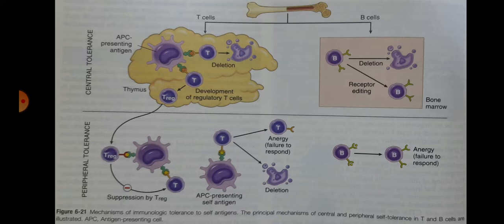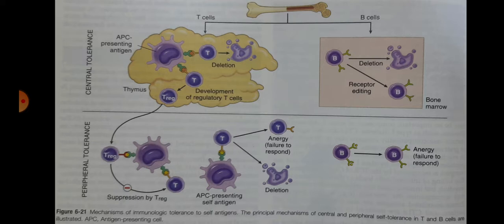The best defined regulatory T cells are CD4 plus cells that express high levels of CD25, the alpha chain of the interleukin 2 receptor, and a transcription factor of the forkhead family called FOXP3.